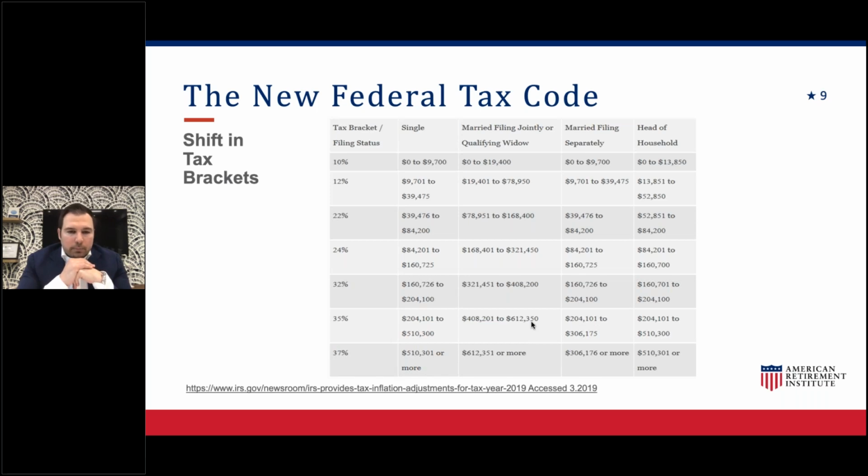So what if you're a married couple in the DC metro area earning $200,000 a year? Well, the IRS is telling you you can bring in up to $321,450 and still stay in the same tax bracket and still pay 24% in tax. You can make another $121,000 and still stay in that same tax bracket.